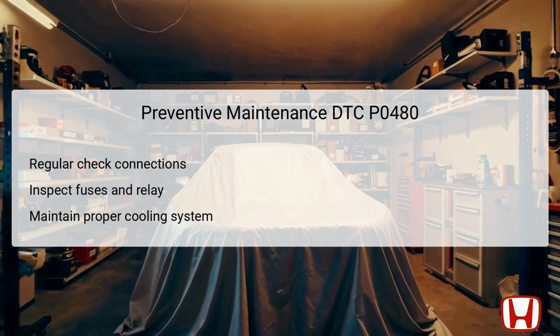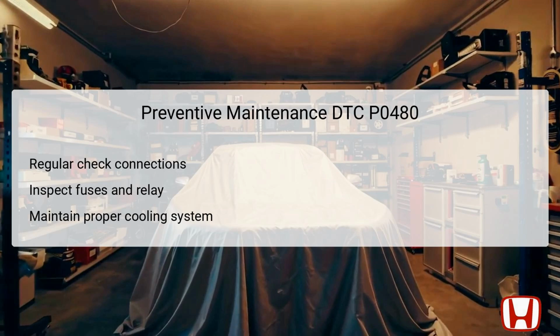To prevent issues related to DTC P0480 from resurfacing in the future, regular maintenance is strongly advised. Start with periodic checks of critical electrical connections, ensuring they remain tight and free from corrosion or debris. Inspect fuses and relays regularly, replacing any components that show signs of wear or damage to avoid disruptions in operation.